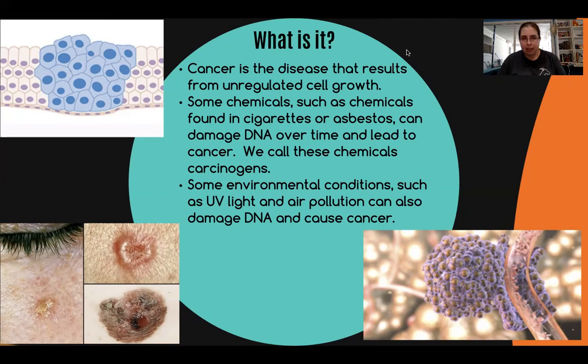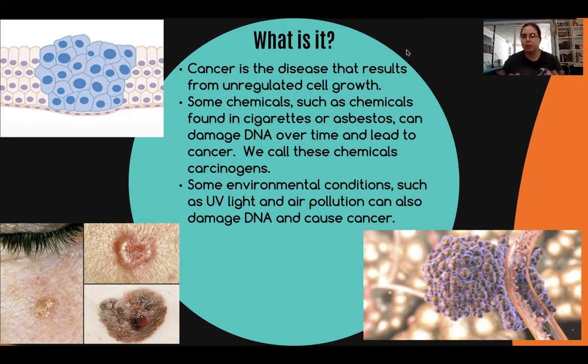So these chemicals, we call them carcinogens. Carcinogens are specific teratogens. Teratogens are chemicals that can damage growth and development, and carcinogens are ones that specifically lead to cancer. They can also be environmental conditions that can lead to cancer.